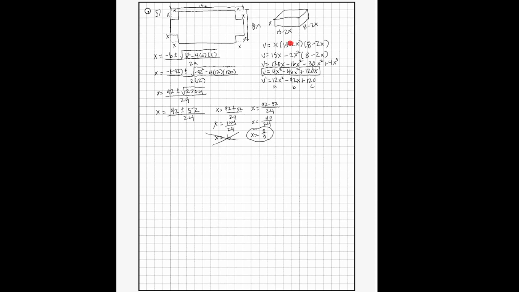So 15 minus 2 times 5 over 3 equals 35 over 3, and 8 minus 2 times 5 over 3 equals 8 minus the answer is 15. No, it's not 15. That's wrong. I don't know what happened there.